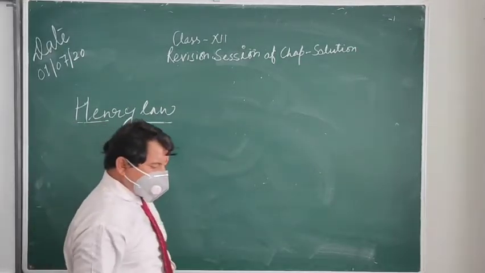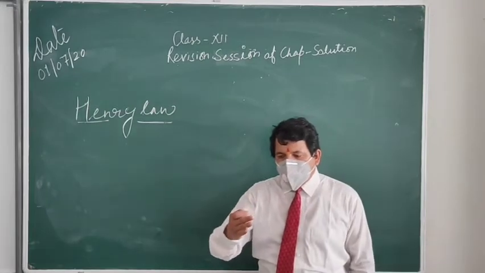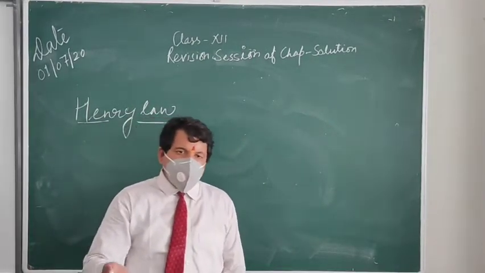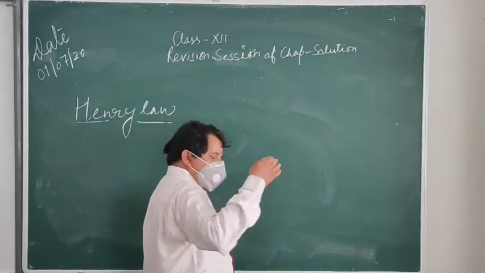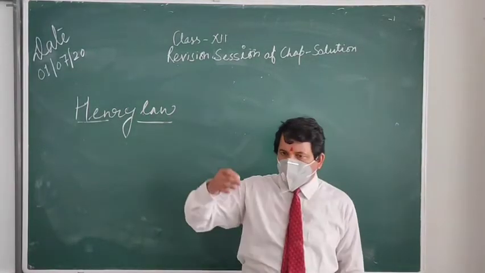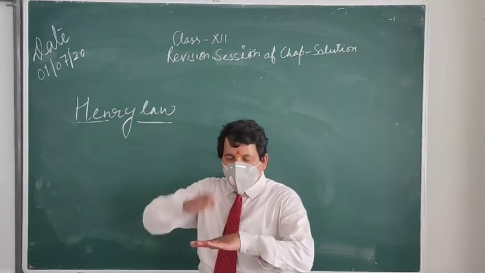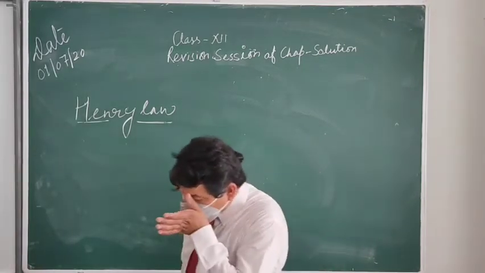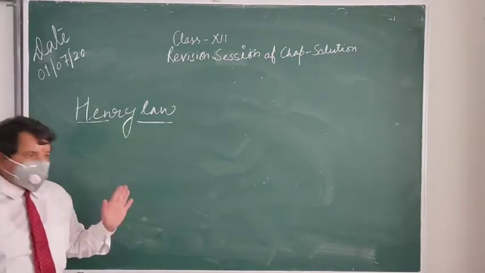A few minutes ago we discussed that the solubility of gases is directly proportional to pressure. Means the maximum amount of gas which can be dissolved in any liquid: if pressure increases, the solubility will also increase, and if pressure decreases, the solubility of gases in liquid will also decrease.